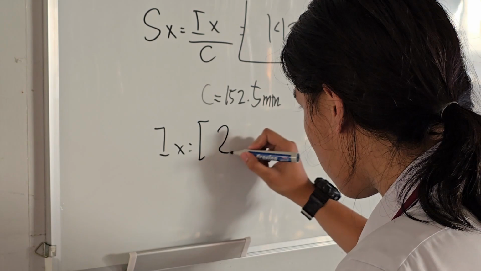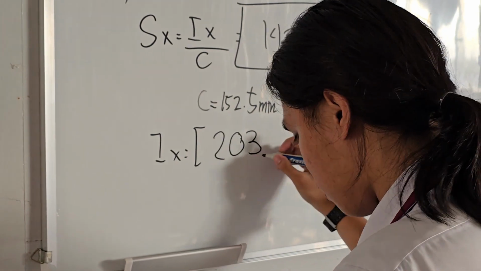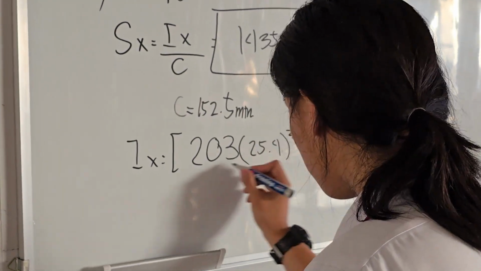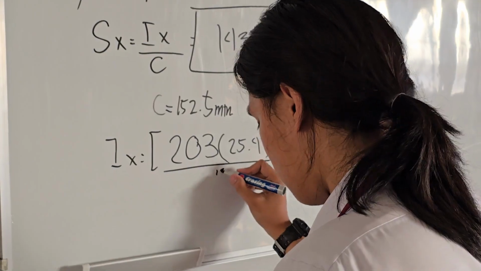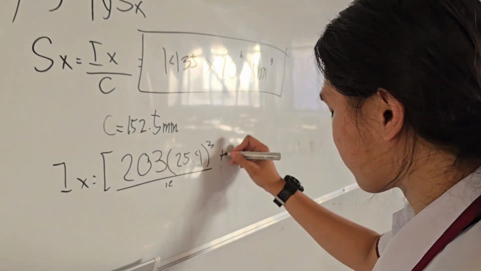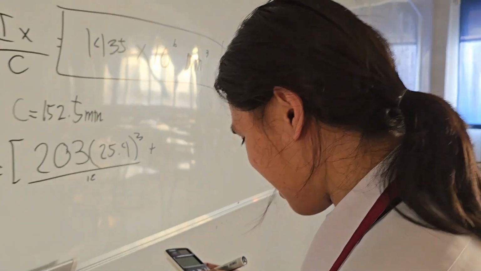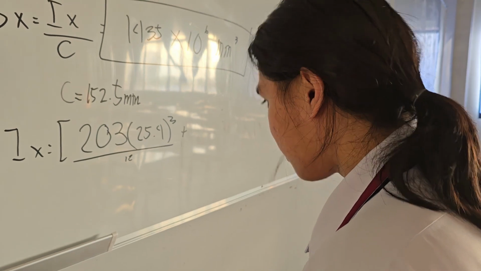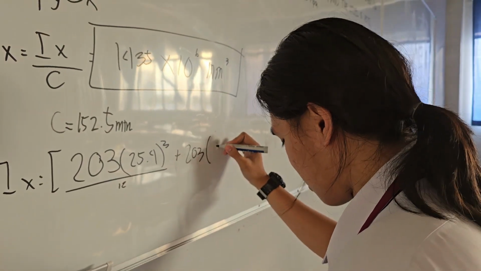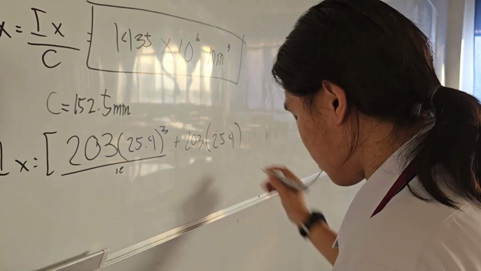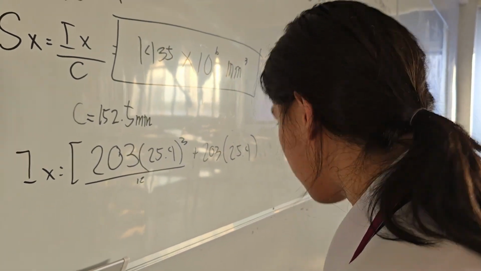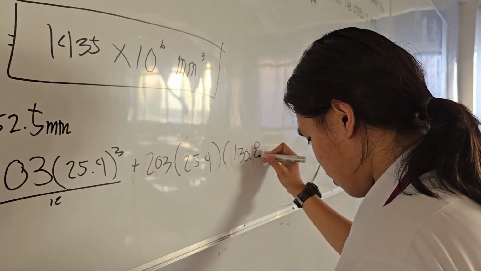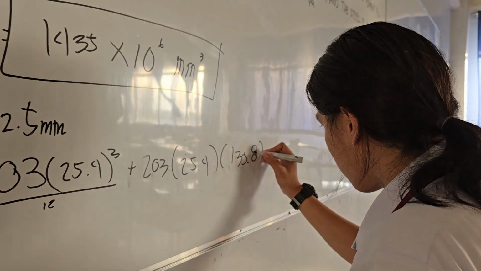For area 1, the centroid of area 1 is not located on the X sub O. We will use the transfer formula, which is Ix bar plus area times D squared. To get Ix, it is equal to the base, 203 mm, times the height, 25.4 mm cubed, over 12, then plus the area, 203 times 25.4, multiplied by the distance from the centroid to the axis XO, which is 152.5 minus 25.4 over 2, which is now 139.8, squared.